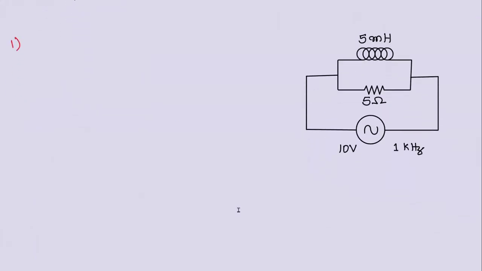Question number 1. My approach is the current approach. Okay. Let us solve. First of all, I'll take the phasor. Voltage is V, that is equal to 10, given there. Now, let us go for resistance and continue with the current. IR will be in phase.